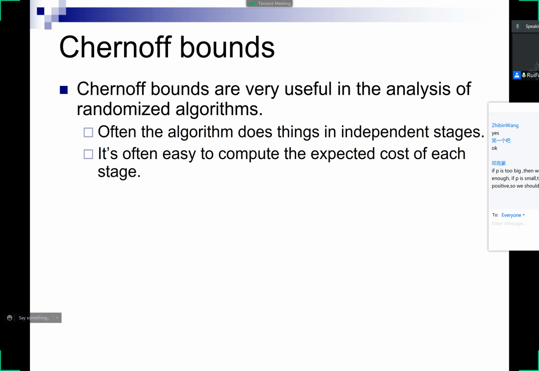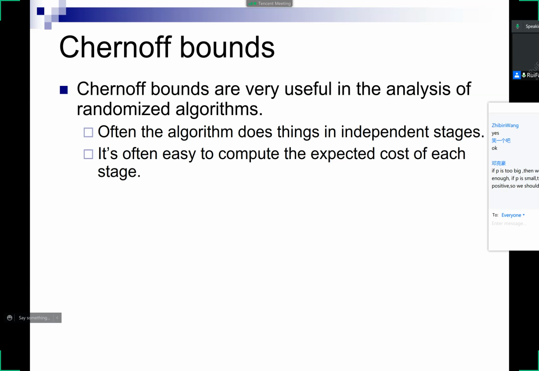For example, if you think about the randomized quicksort algorithm, the way that worked was that you have these stages where in each stage you have an array, and then you pick a random pivot element, and then you use that to break up your array into two parts. Then once you break it into two parts, you recurse on those two parts, and that recursion is independent of what happened in the previous calls to quicksort. So you have all of these independent stages.